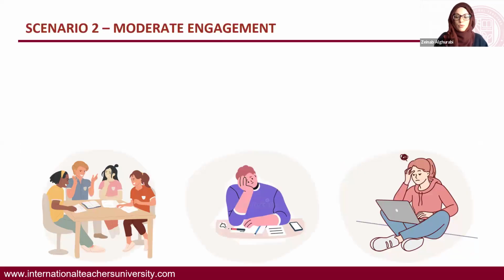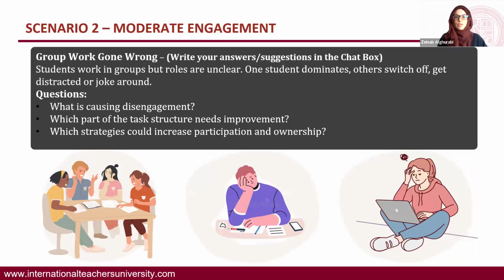It's a scenario of a group work. We have a group work and we have asked the students to work together. However, you will notice now that some of the students are playing or talking, they're just switched off, and one of the students is actually controlling everything. Maybe he or she decides to do all the work because they don't want the others, or they believe the others are not going to bring up the work to the high quality that he or she believes they can produce on their own.